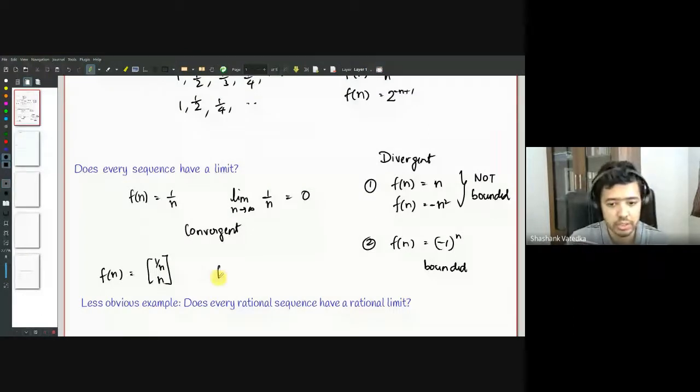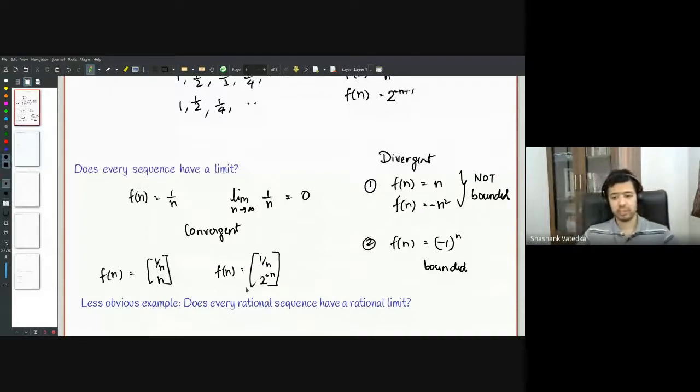So here is an example which does converge, say 1 over n and 2 to the minus n. Right? So I claim that this is an example of a convergent sequence, and we'll see what makes this convergent, how do we define the limit of such a sequence. So you can already tell me what the limit of this particular sequence is.